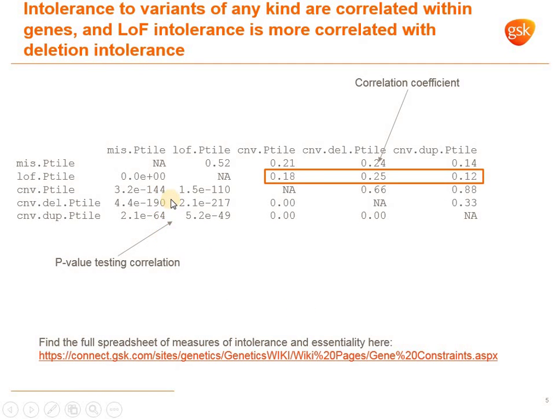I looked at the correlation between these 5 different measures of intolerance, so missense, loss of function, and then the 3 copy number. The correlation coefficient, if you look at the loss of function intolerance versus the copy number intolerance measures, is pretty modest. You get the highest correlation with the deletion and loss of function. That makes sense intuitively.